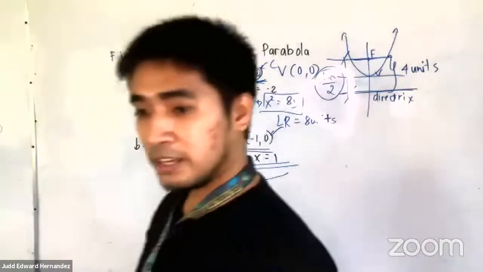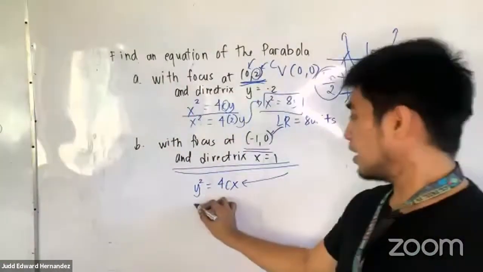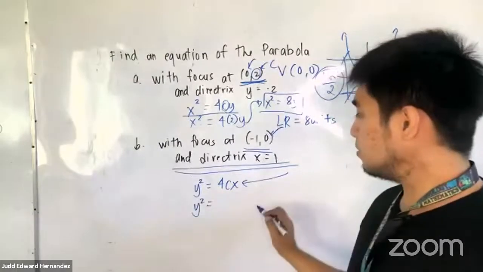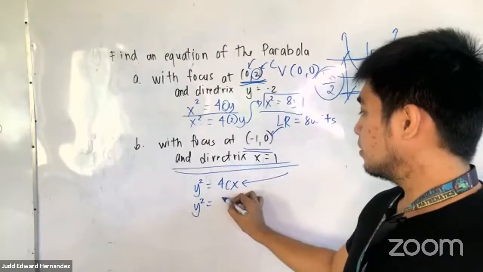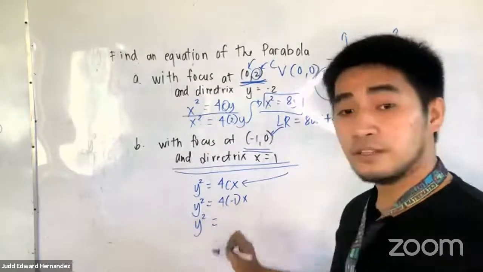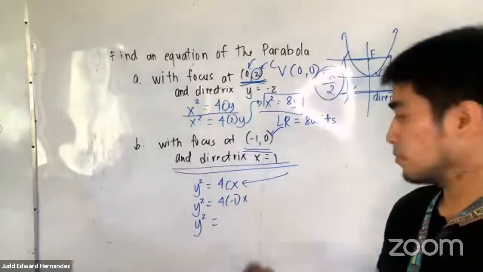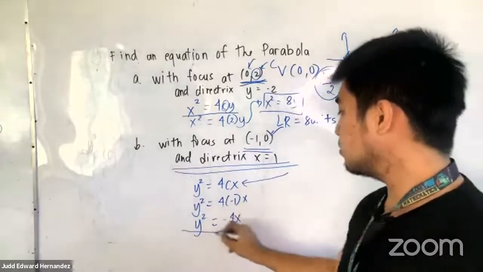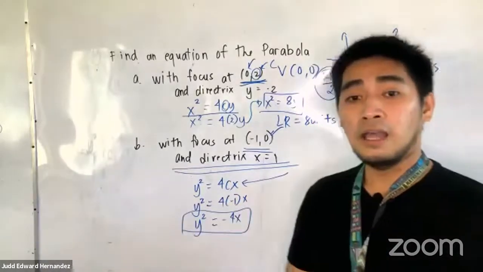Therefore, y squared is equal to -4x. Very good.